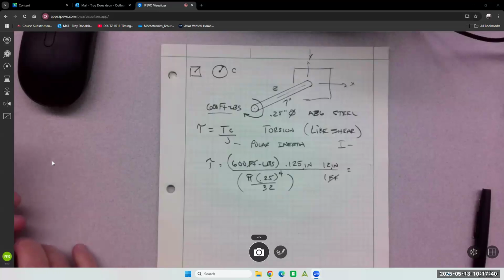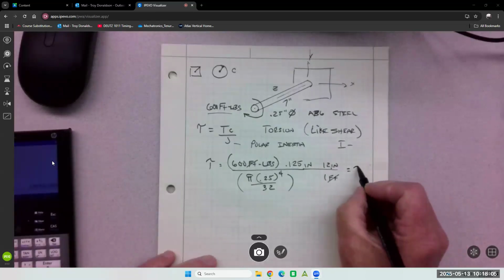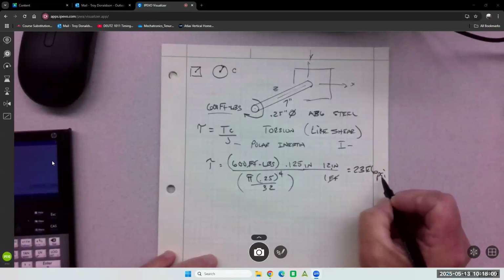I just made this up, so I'm getting a big number. I'm getting 2.3. Actually, 2 million. 2.3 e to the 6 psi.